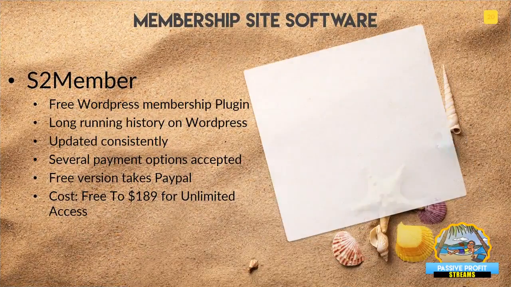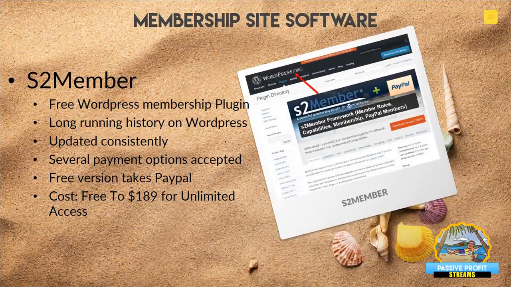And let's just look at one more, and that's going to be S2 Member. It's a free WordPress membership plugin, and again, it has been around for a very long time in terms of WordPress and the WordPress community. So it has a really great reputation. It's updated consistently. They do have different types of payment options.